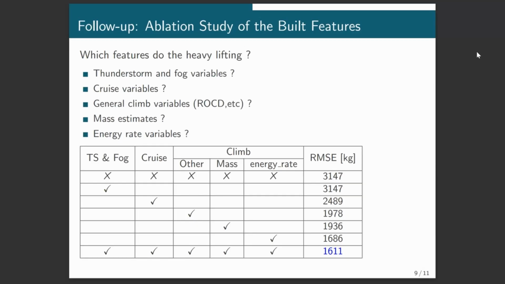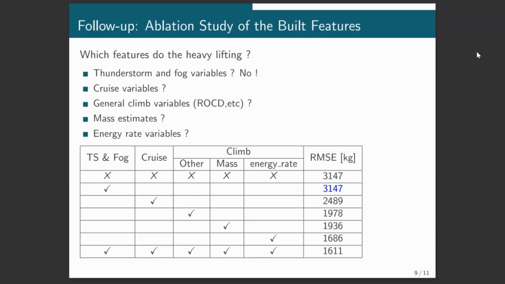So we have the score we had in the previous slide. And here we have the model, the same model, trained only with flight information variables. And we have this score. Okay, so now we will add the variables here one by one and see which one really improves the model.